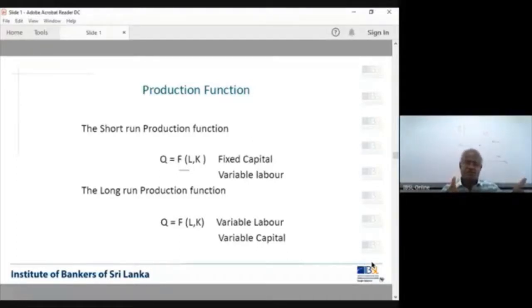For a company starting a business, as long as at least one factor of production is fixed, that period is defined as the short run. If you can make all the factors of production variable, after that it is the long run. By that definition, you can't have a fixed time definition. It differs from firm to firm.